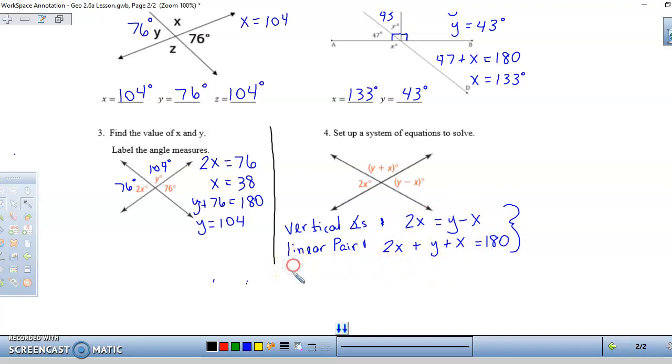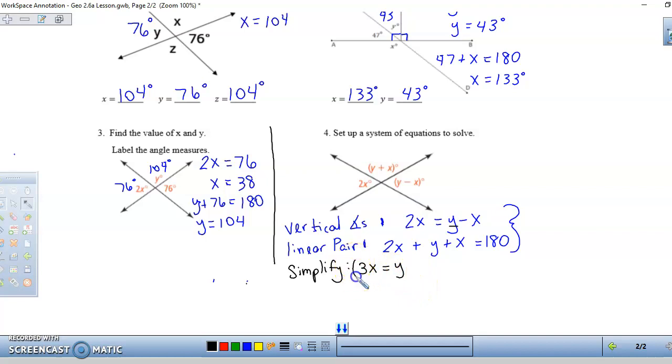So you want to start by simplifying. Okay, and on this one, I'm going to do substitution. It doesn't matter which one you do, I just randomly picked substitution. So on the first equation, I'm going to get y by itself. So if I add x to both sides, I will end up with 3x is equal to y.